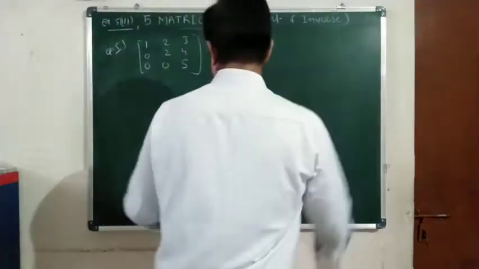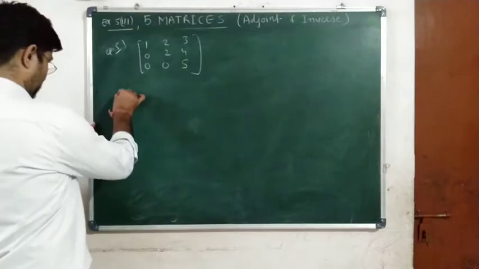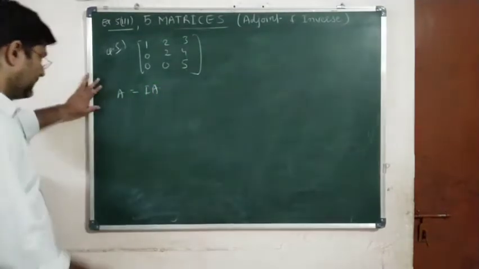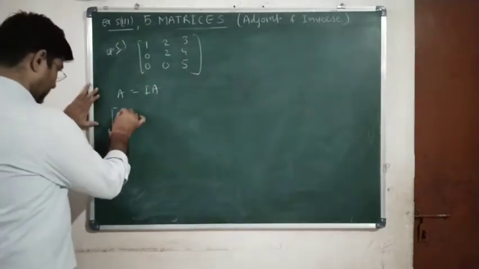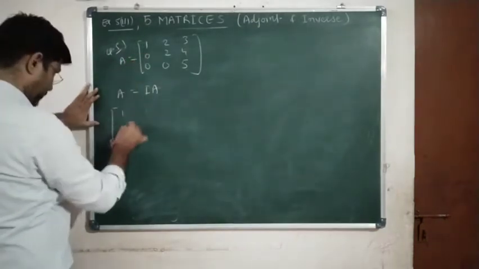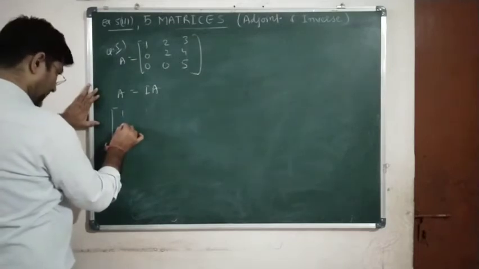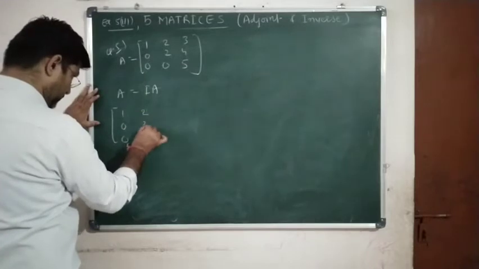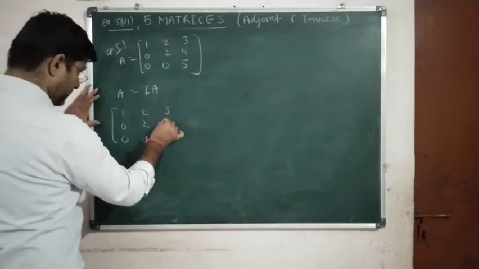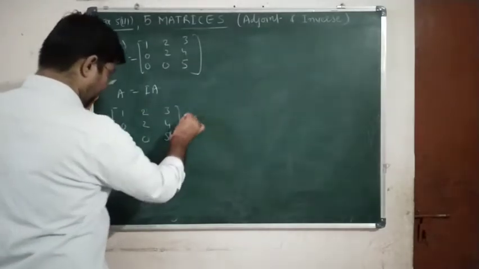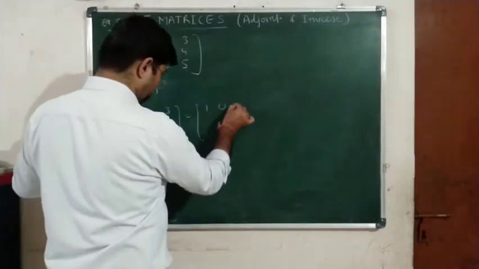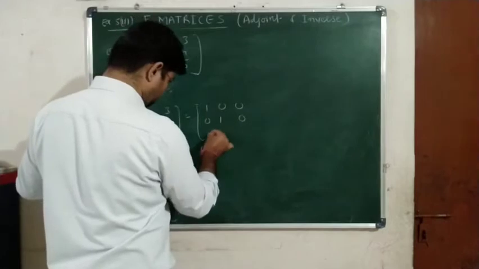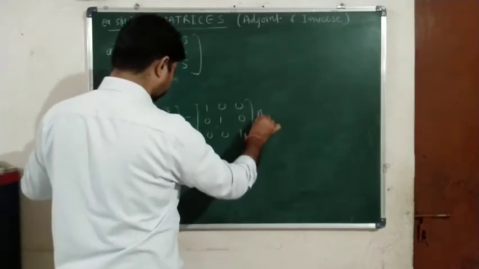Remember that this is a common step: A is equal to IA. Therefore if you name the given matrix A, then A is equal to IA, with 1 0 0, 2 2 0, 3 4 5 equal to 1 0 0, 0 1 0, 0 0 1.